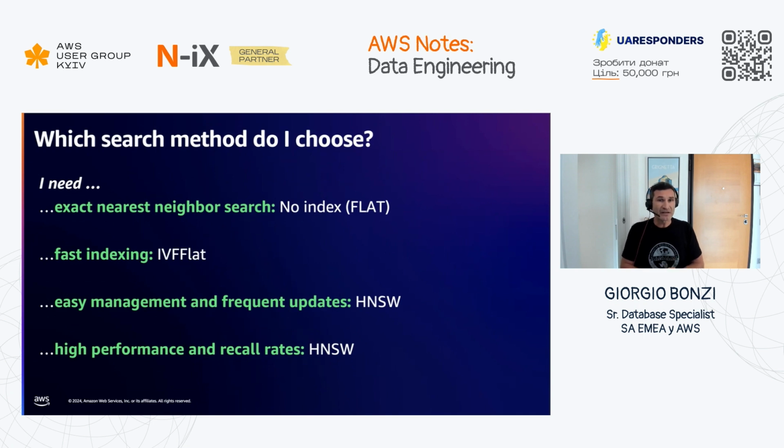And if you are looking for a fast indexing that consumes few resources, IVF flat is a good starting point. But if you prefer an index that is easy to manage and also provides with the default values a good ratio between performance and recall, HNSW is the best solution. And for this reason, many generative AI application developers prefer this index as a starting point.